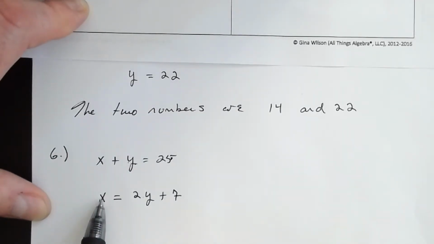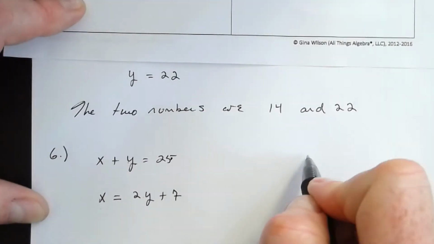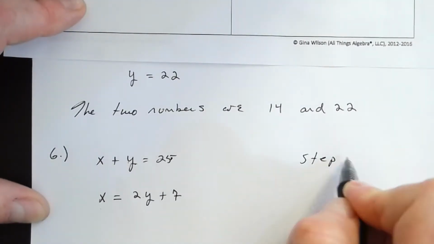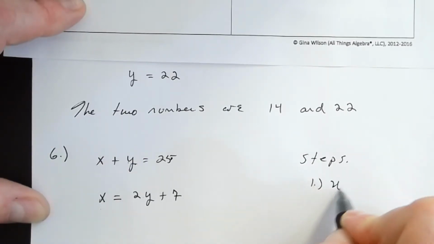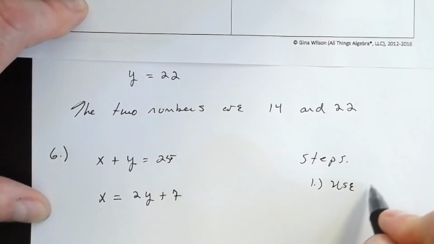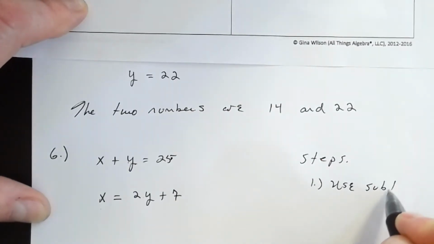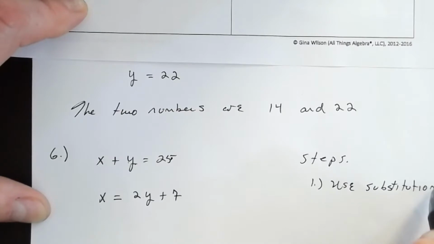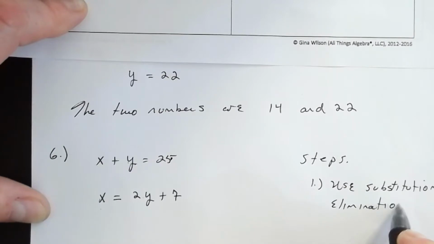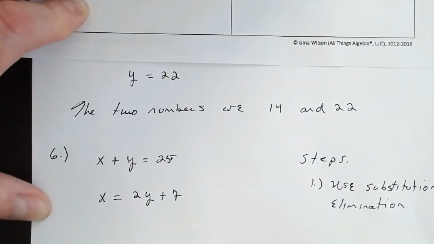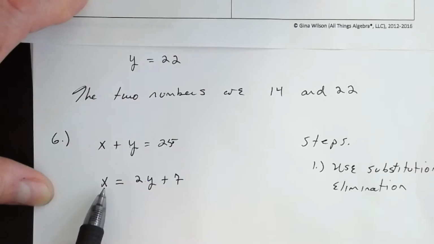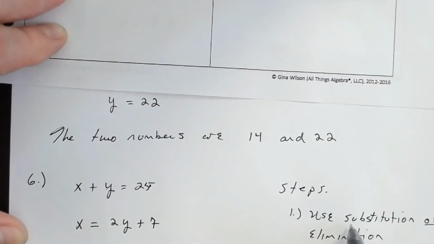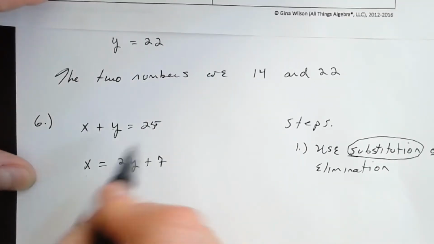But we're already set up to just substitute this right in for x into the first one. So we're going to use substitution or elimination. Well, since this is already set up directly for x, we're just going to use substitution, okay?